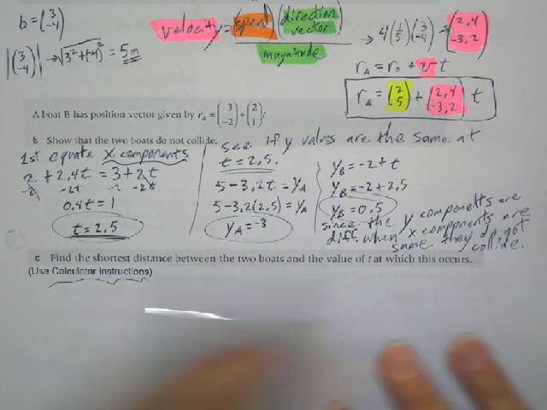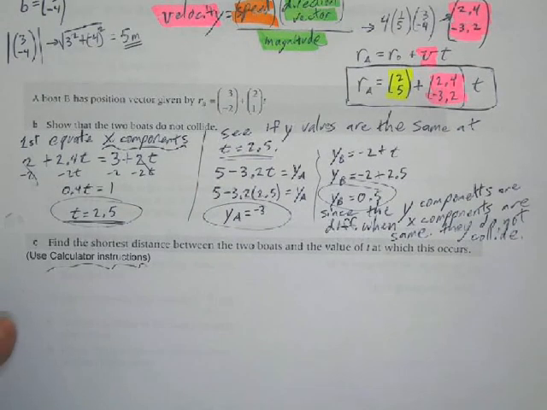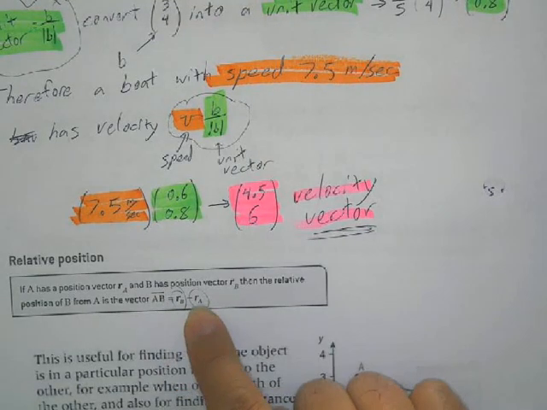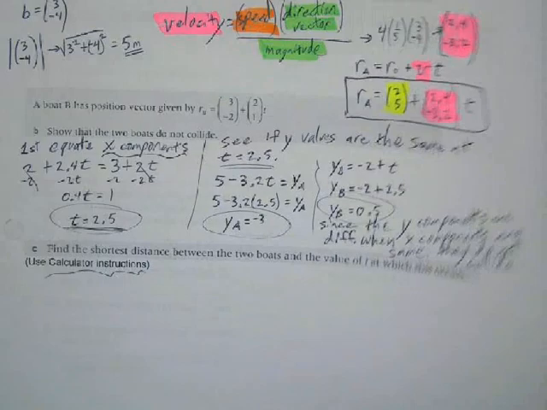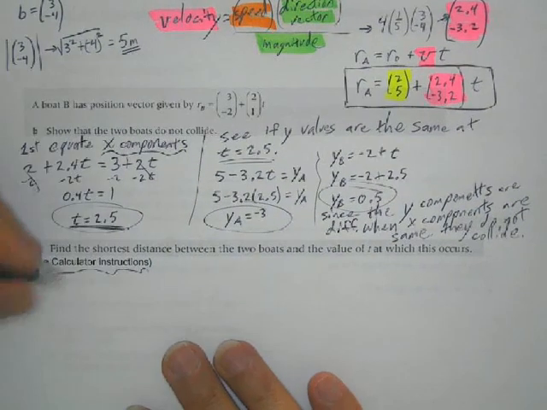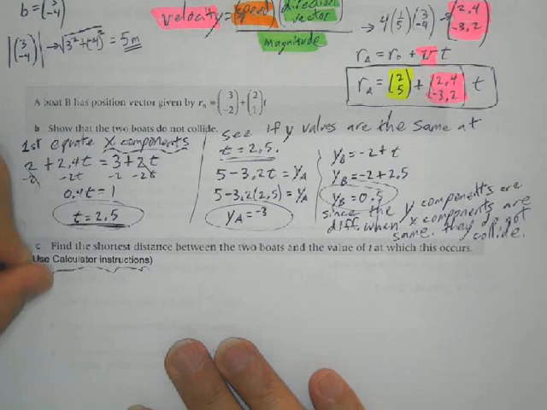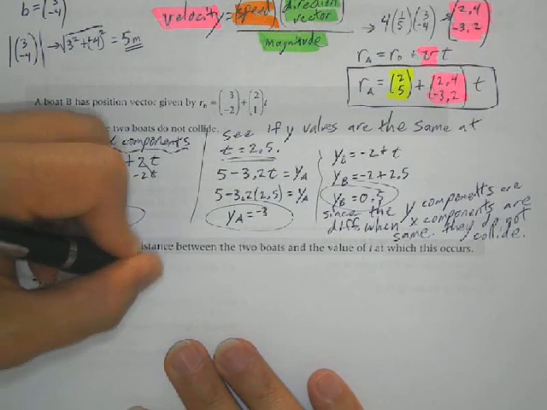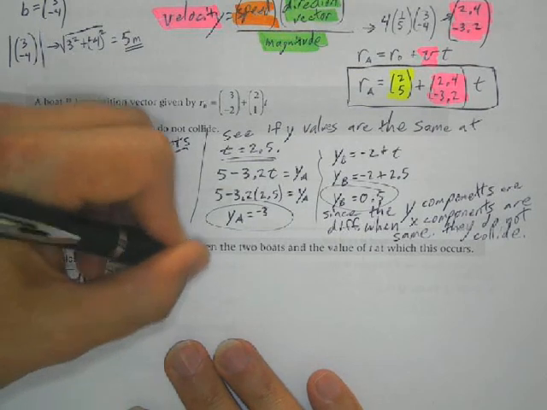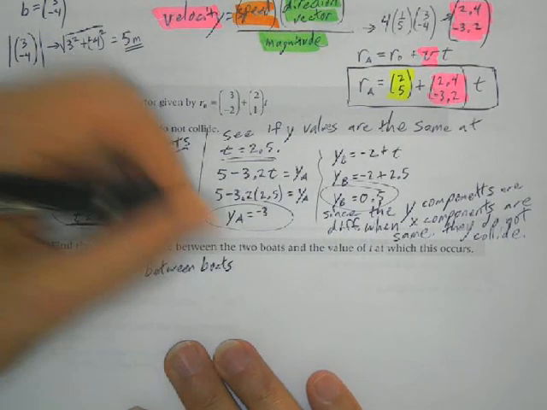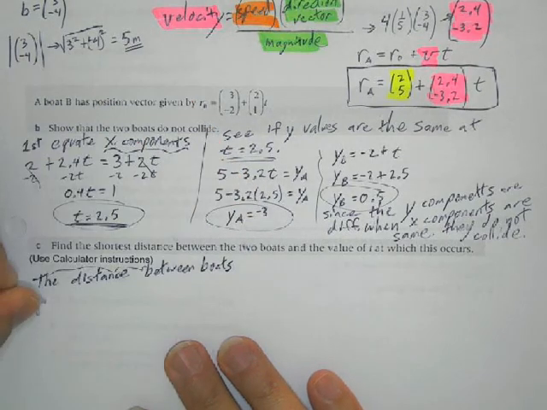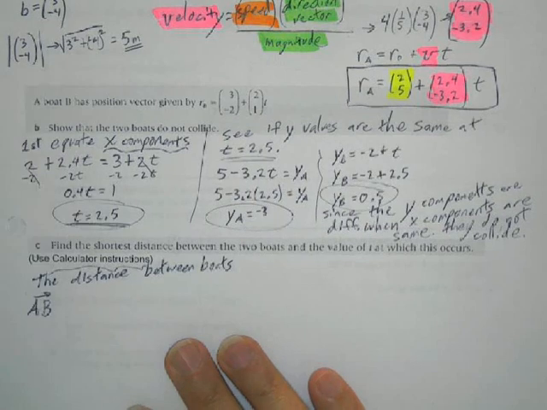Okay, so the shortest distance, well, first of all, the distance between the 2 points is going to be RB minus RA. So the distance between the boats is this, right?